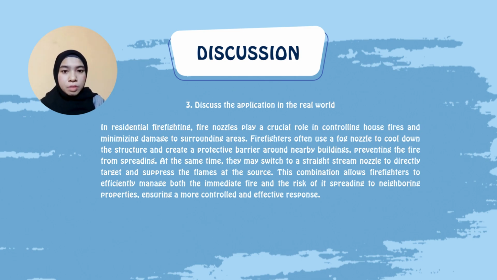At the same time, they may switch to a straight stream nozzle to directly target and suppress the flames at the source. This combination allows firefighters to efficiently manage both the immediate fire and the risk of it spreading to neighboring properties, ensuring a more controlled and effective response.